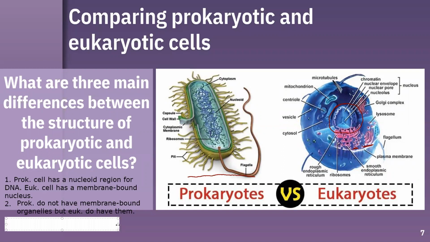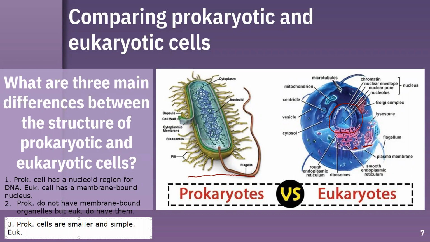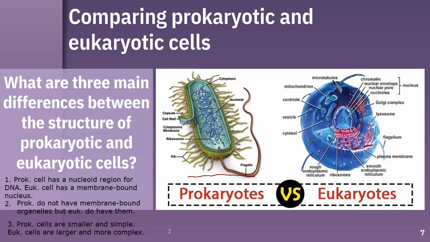Now, the final difference that you need to know about is that prokaryotic cells are smaller and simple. Eukaryotic cells are larger and more complex. Which doesn't mean that prokaryotic cells are not well adapted.